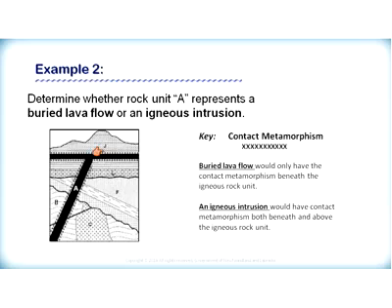This burning is what we call contact metamorphism, and seeing that we see contact metamorphism both above and below the igneous intrusion A, it must be an igneous intrusion and not a buried lava flow.